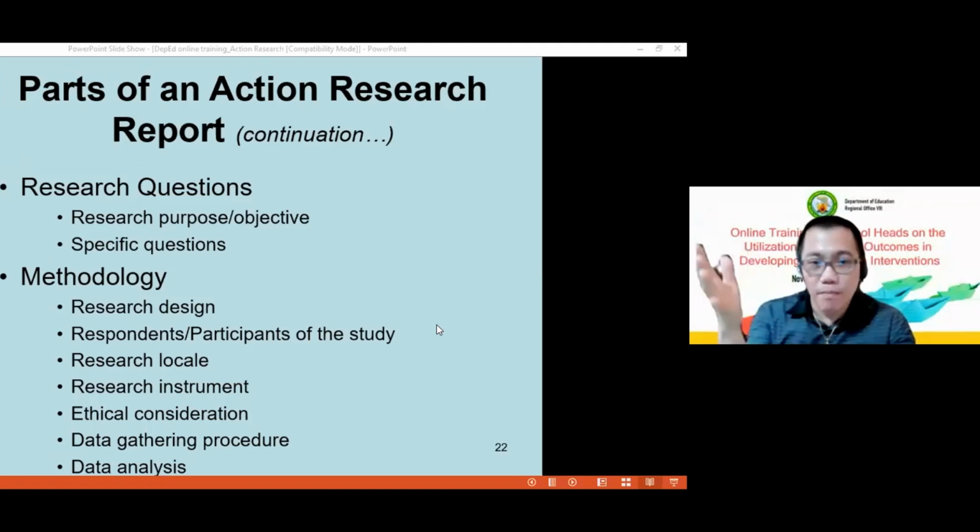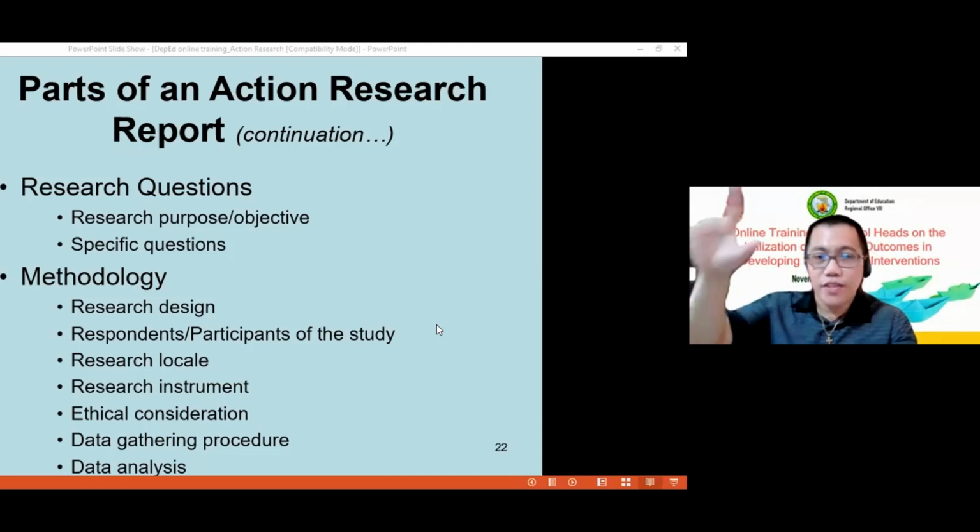Then, of course, you have the methodology: your research design, how you collect the data, your instrument, your ethical considerations, your procedure, and how you analyze the data.